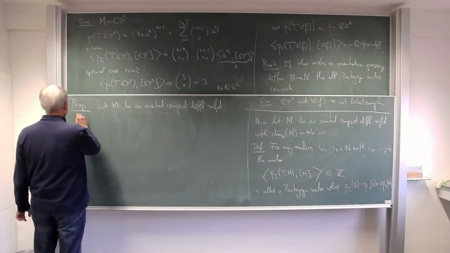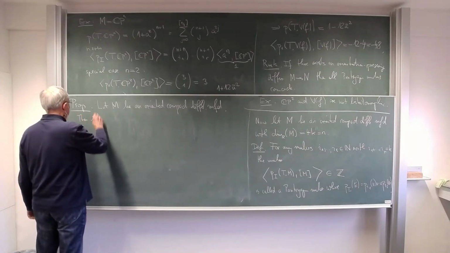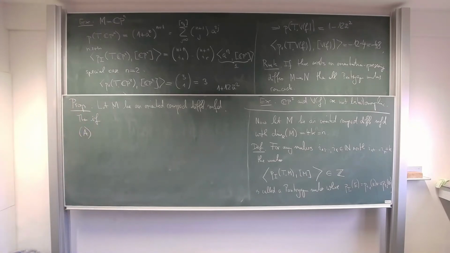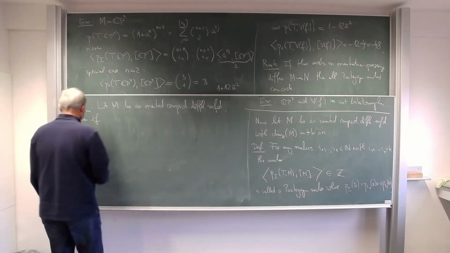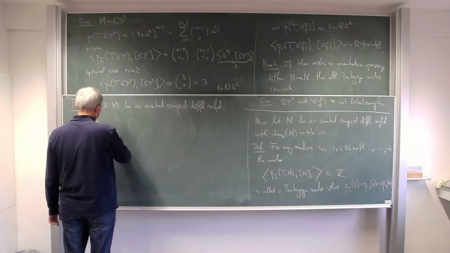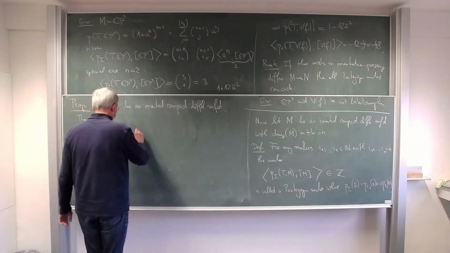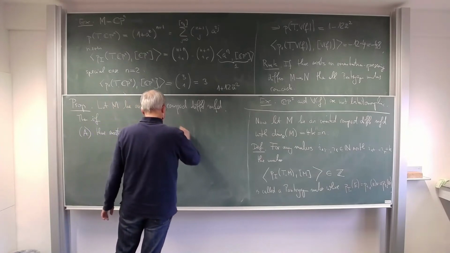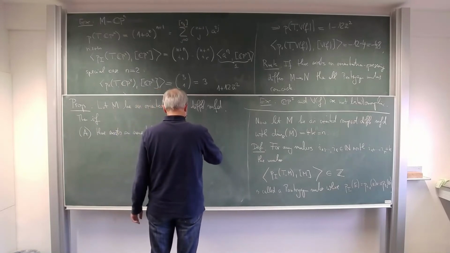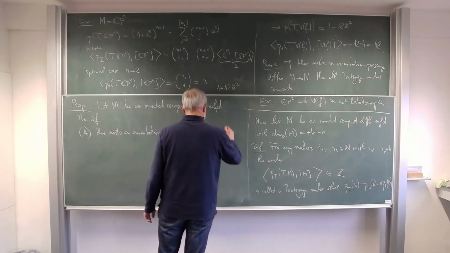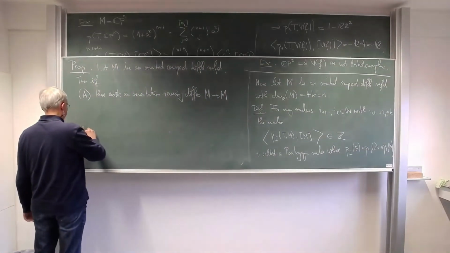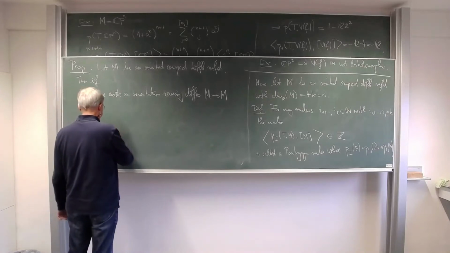So then, there are two options. If there exists an orientation reversing diffeomorphism from the manifold to itself, from M to M, then all Pontryagin numbers vanish.